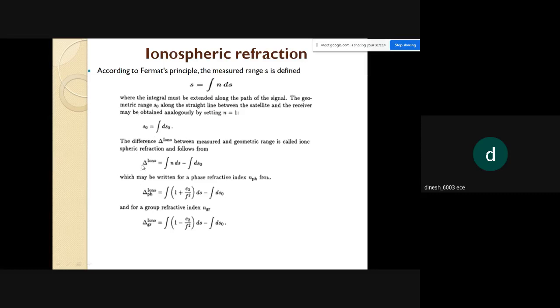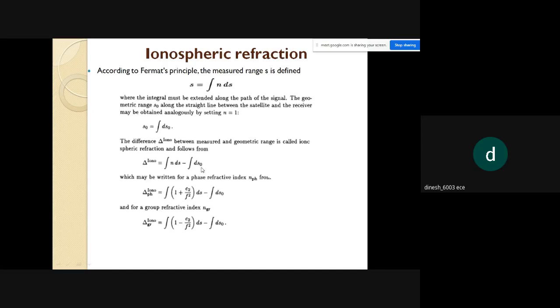So the difference of ionospheric refraction is given as integral n ds minus integral ds naught.